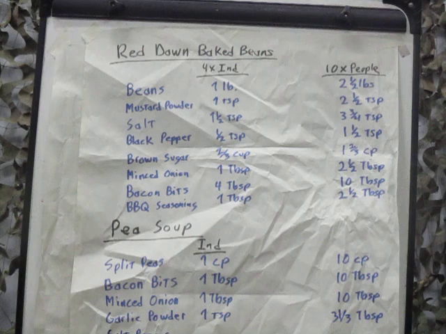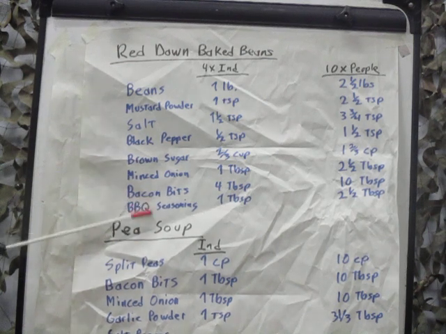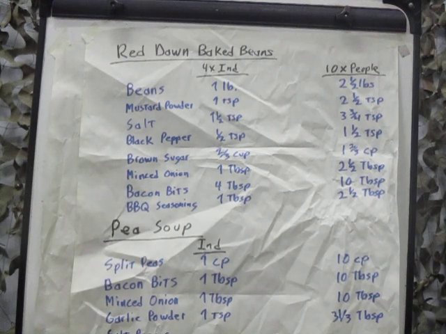And this is for one meal. Now, bacon bits. These are around 6 ounces in weight, and it comes out to about 3/4 of a bottle. Now, barbecue seasoning, they're all over the place as to the weight per container and how many servings, but it comes out to around 1/5 to 1/6 of a container per 10 people.